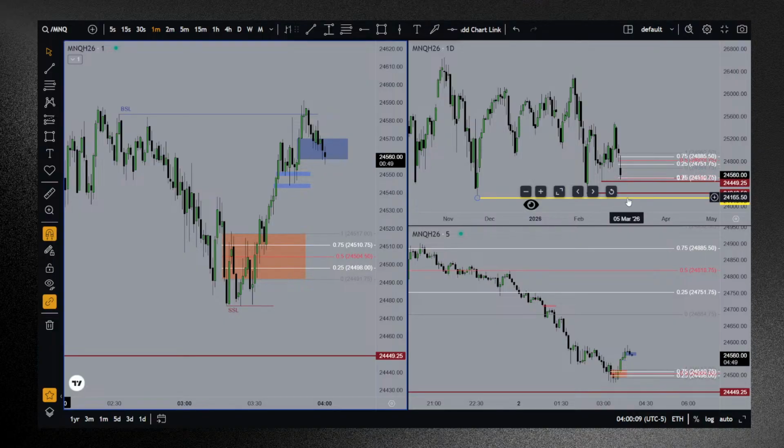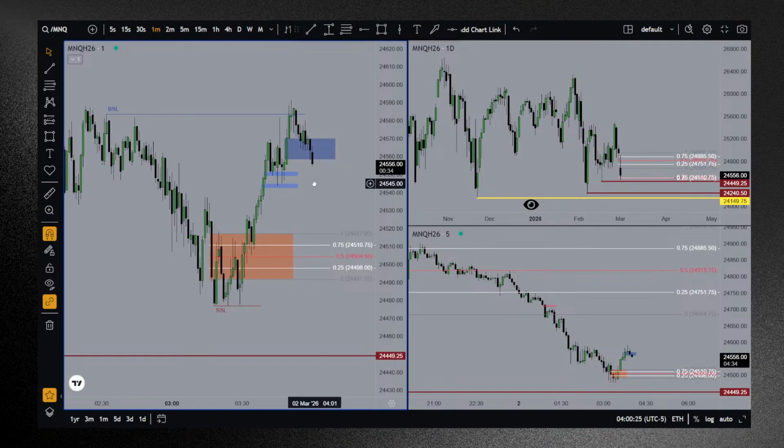It can still go way beyond this sell side here on the daily, but nonetheless this is the nearest, the most low-hanging fruit objective, the easiest one to get probably, and that's what I'm watching.